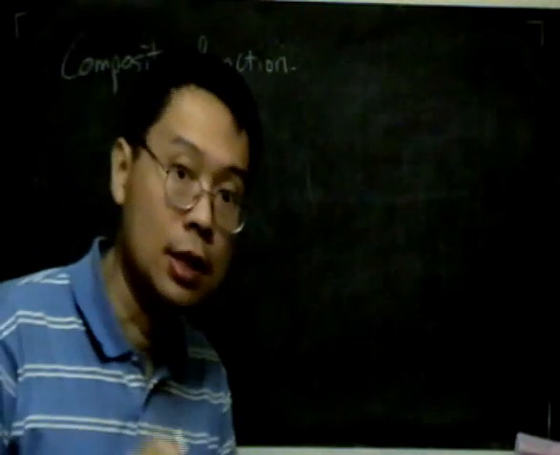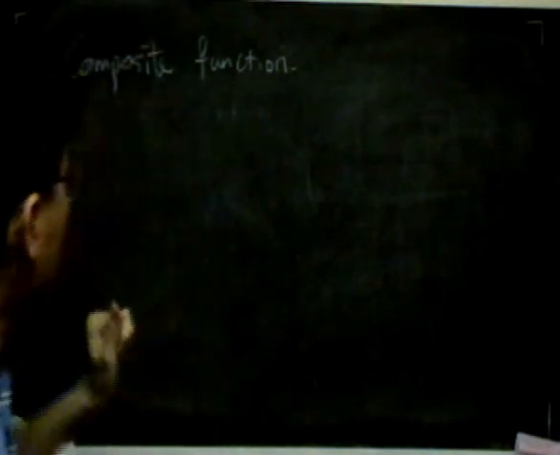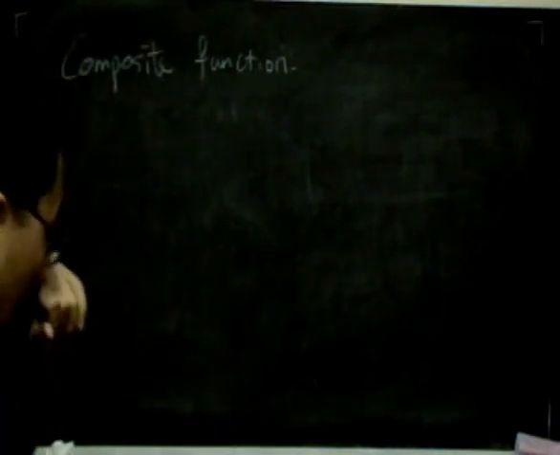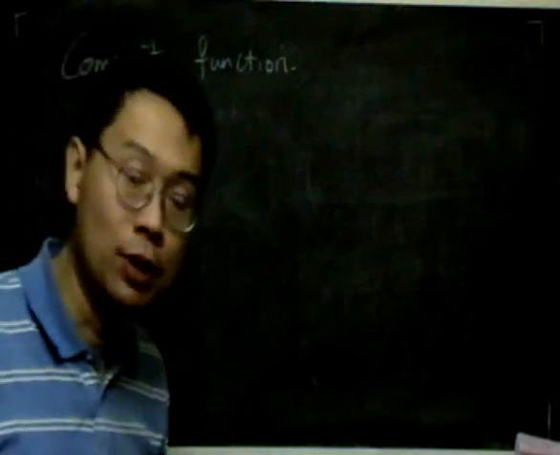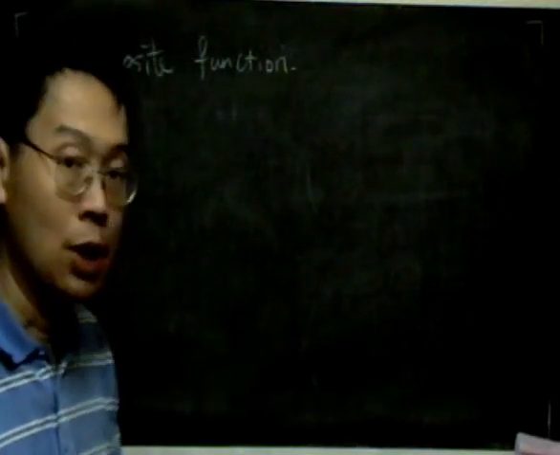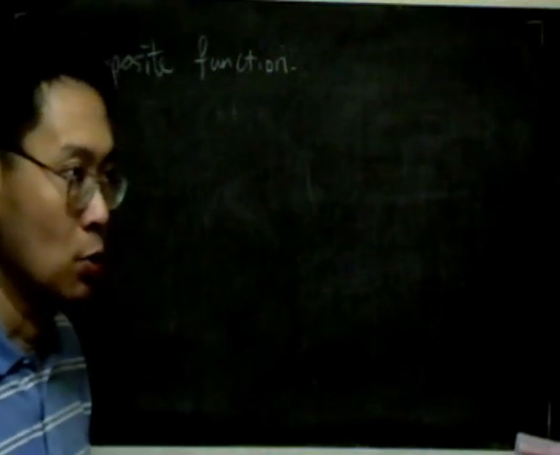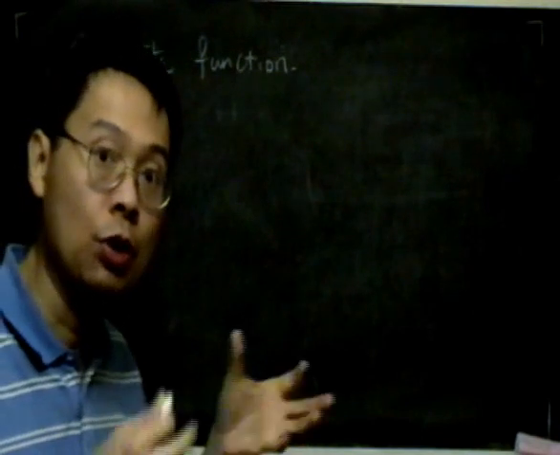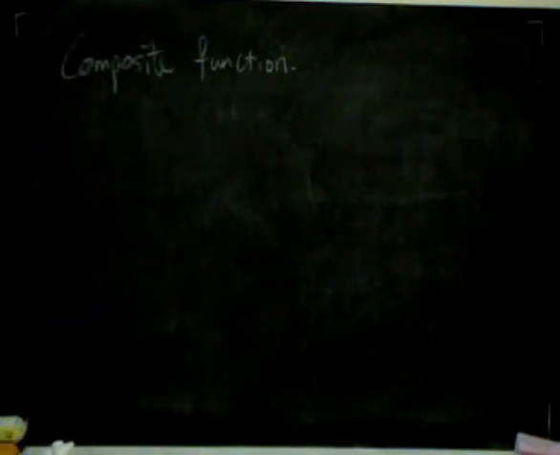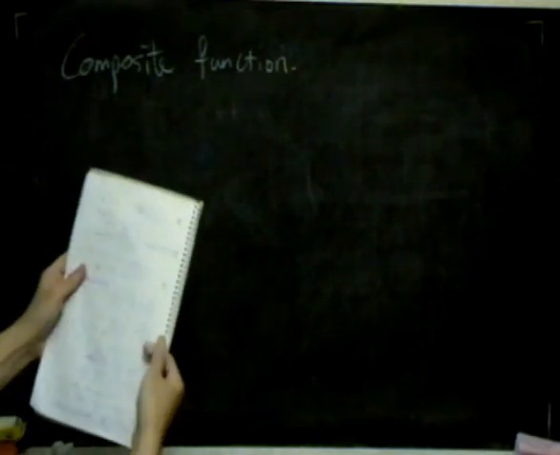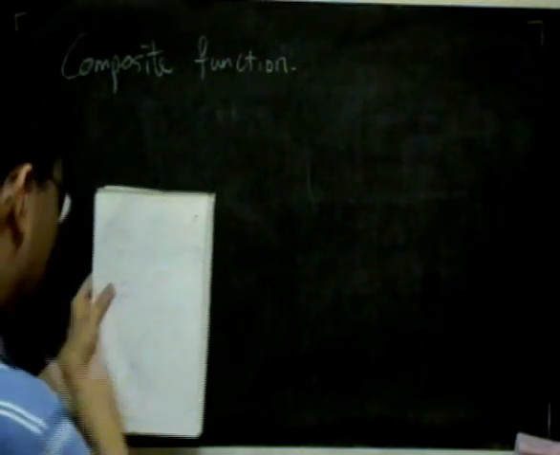Alright, the last thing in this session is to look at composite functions. Now, a composite function is what you get when you combine two functions. You can think of it as a function of a function. So, I'll use a very simple example.